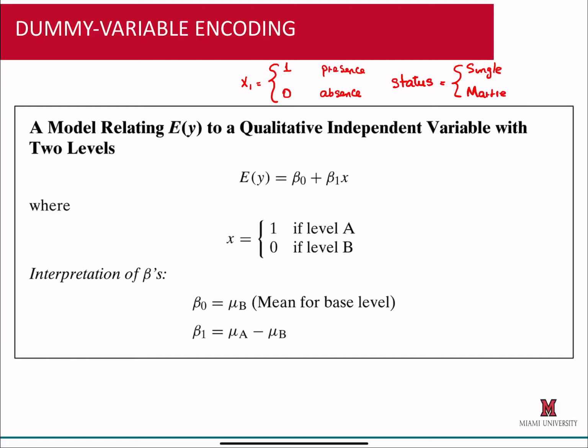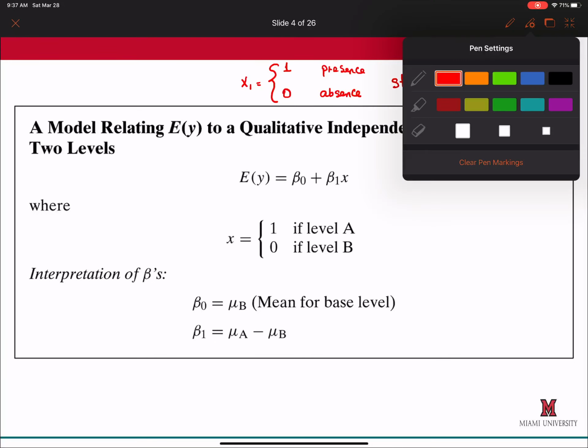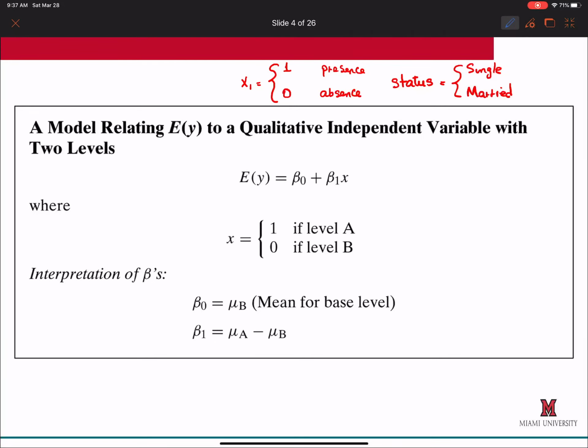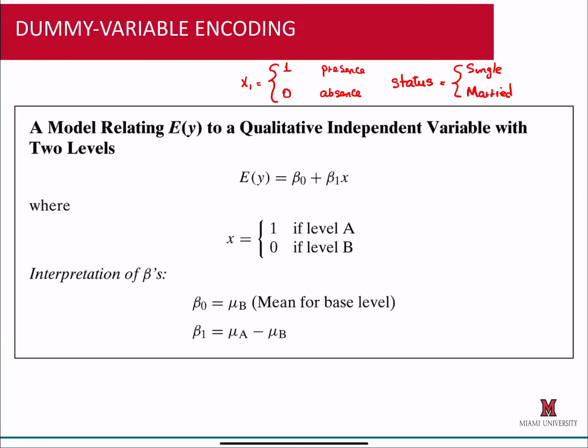The first thing that we need to do in order to create dummy variable encoding for a variable like this is choose a base level. A base level is going to be the level that we compare to, the level that we leave out, and that'll make a lot more sense as we go along.